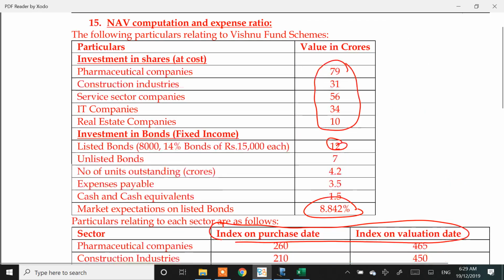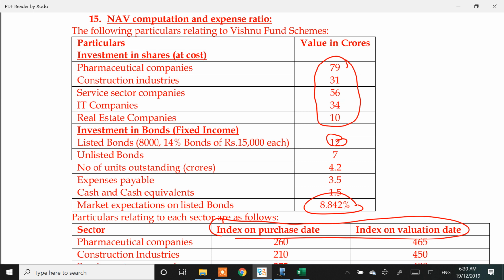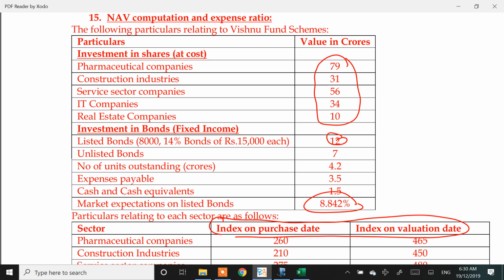I think it says the following particulars relating to Vishnu fund scheme. So, my assumption is investment in shares they have given at cost, investment in bonds they have given some data, expenses payable is going to be a liability, cash and cash equivalents post meeting all expenses, post earning dividend, post paying out dividend, everything done, and the final number is 1.5 crores. Yeah, the closing value is 1.5 crores.